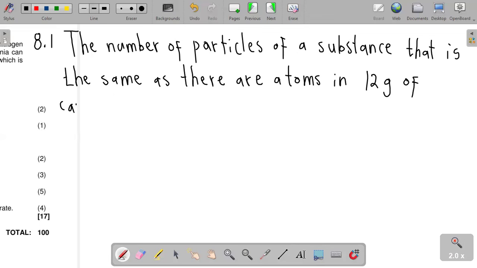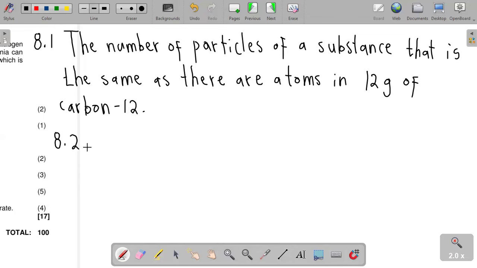Again, we make reference here to carbon 12 specifically. So this is the definition: the number of particles of a substance that is the same as there are atoms in 12 grams of carbon 12.